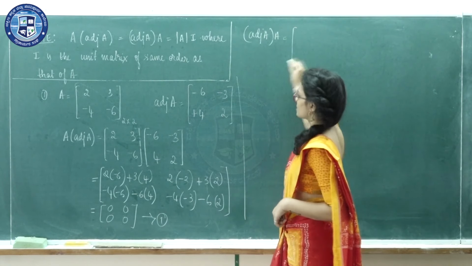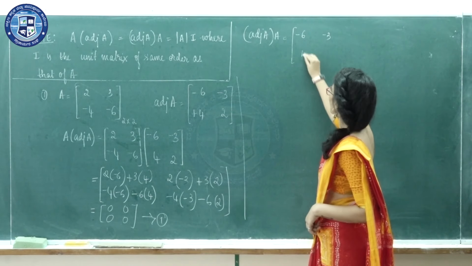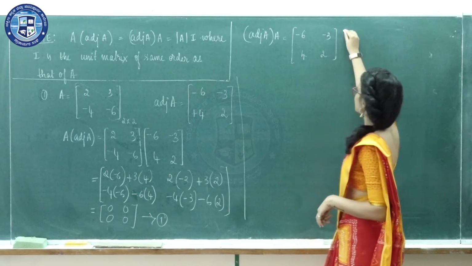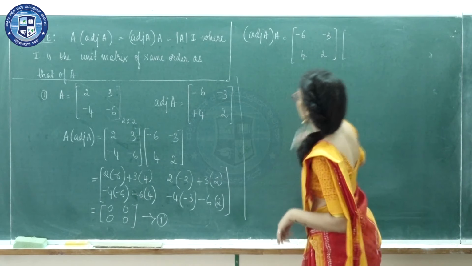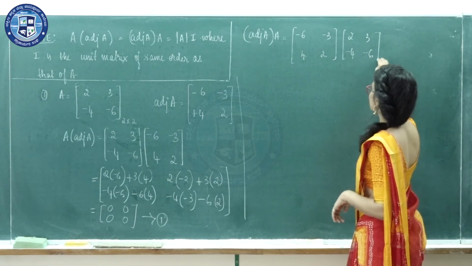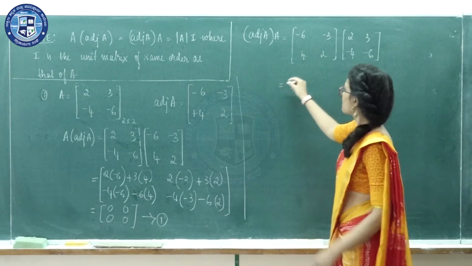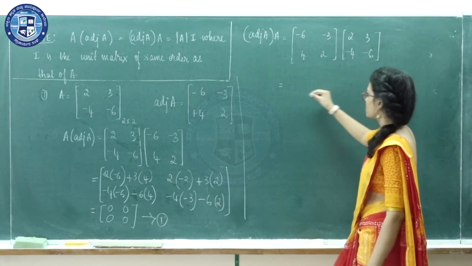So let us take the matrix adjoint minus 6, minus 3, 4 and 2 and multiply this with the matrix A, 2, 3, minus 4, minus 6. Let us multiply the first row with the first column.